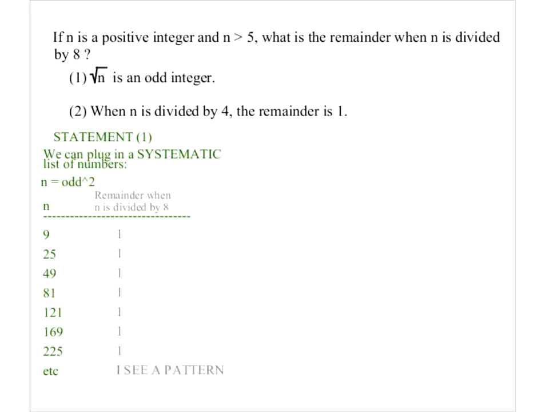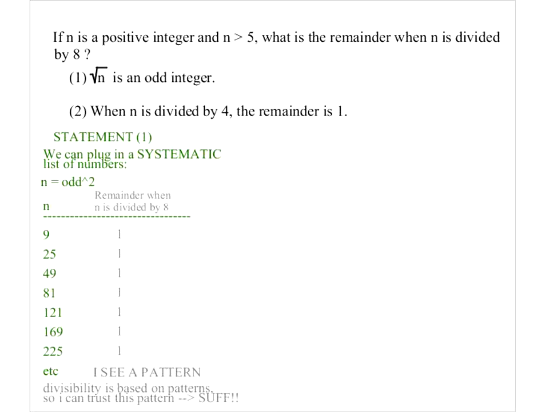I definitely see a pattern here. And this is also a very important point: divisibility is based on patterns. So I can trust this pattern. So I'm going to say that's sufficient. Notice we're not 100% sure of this, because by plugging in numbers, you can never be sure that there's not a different remainder right around the corner.